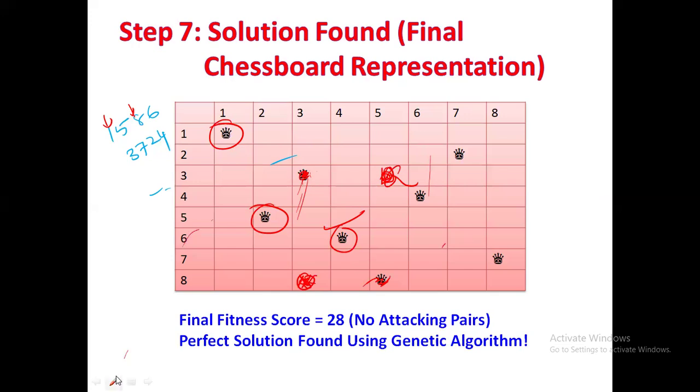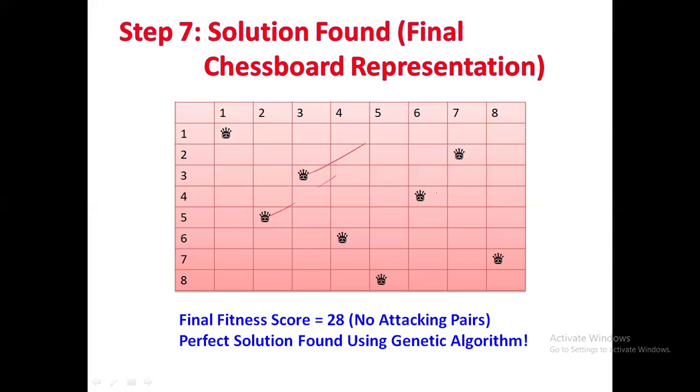So we find there is no hitting at all: no horizontal, no vertical hitting. So now we come to the conclusion that the final fitness score is 28, as there are no attacking pairs. So the perfect solution is found.